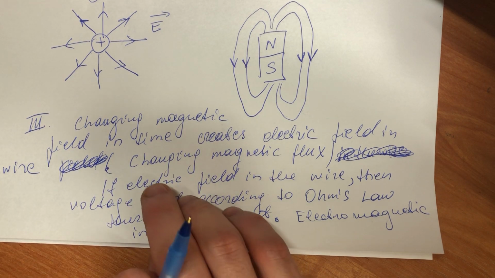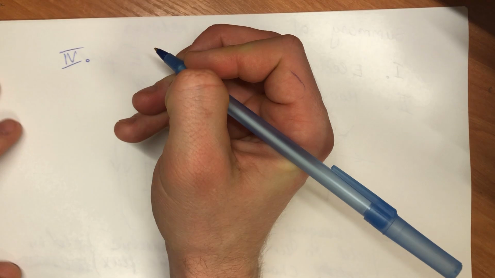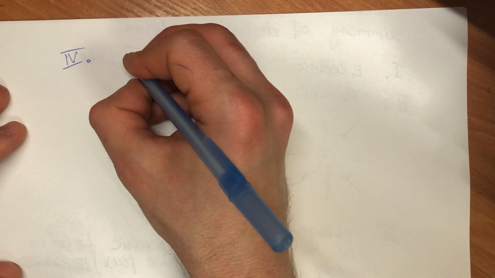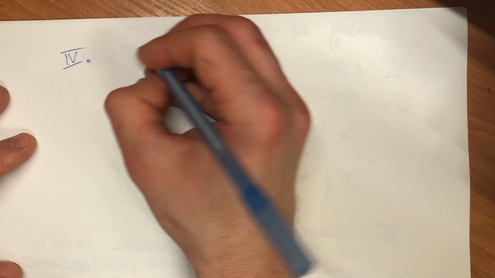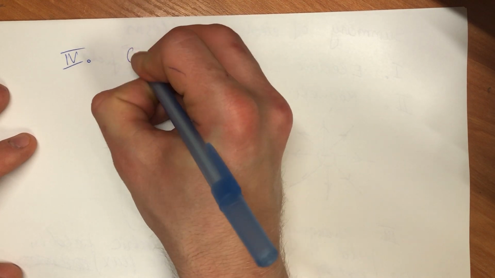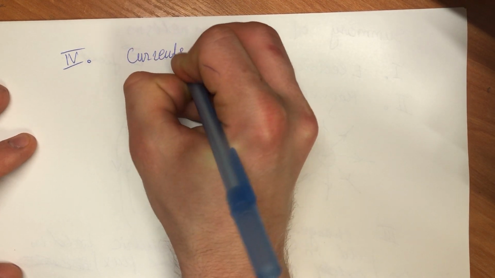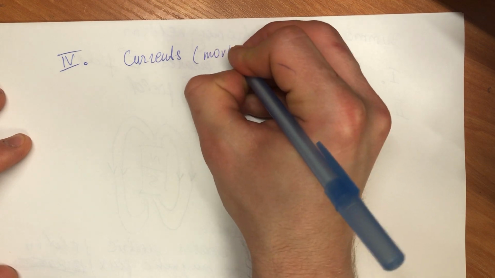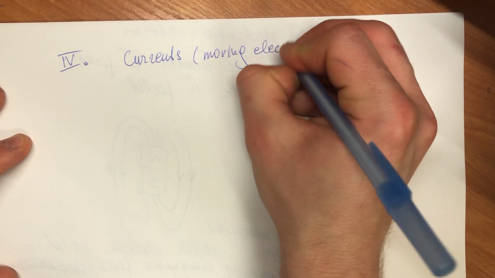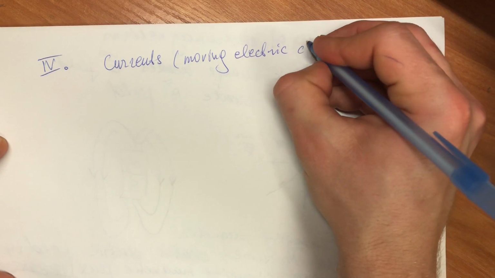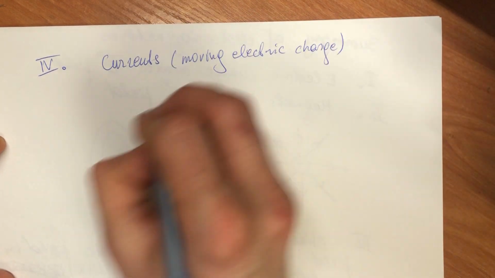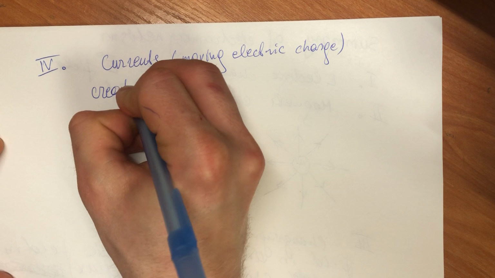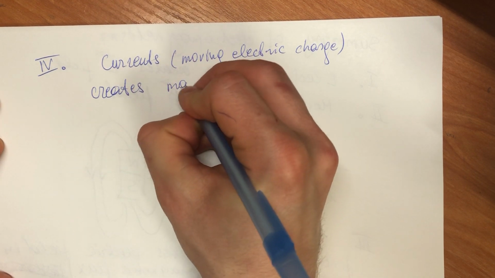Now the fourth thing is that currents or moving electric charges create magnetic field.